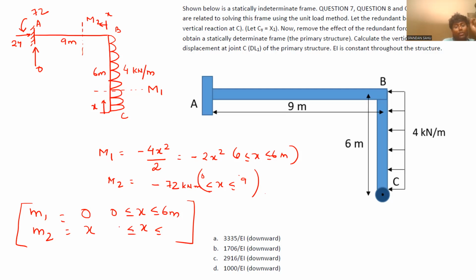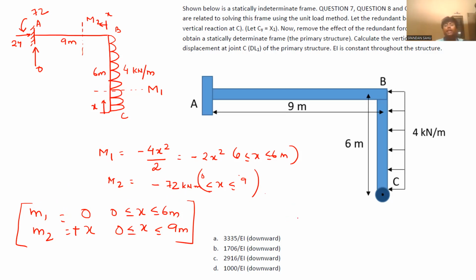When you shift that 1 into x, it is vertical and this will be sagging, so sagging positive.